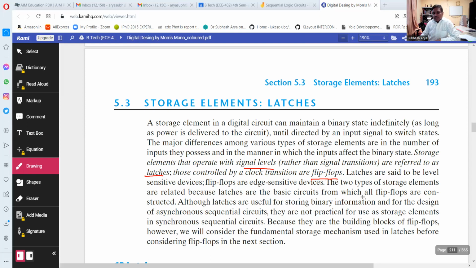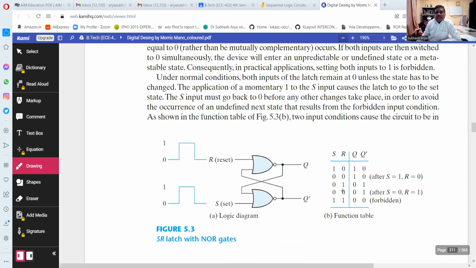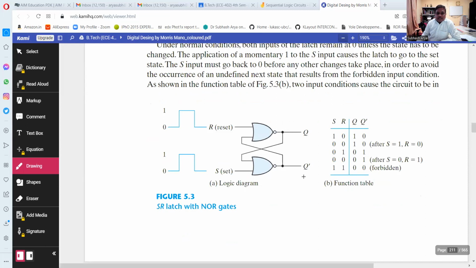Both are abbreviated. So let us see this SR latch. I will draw this diagram and we will let you know. Let me use this Jamboard. I will show you where this Jamboard is.